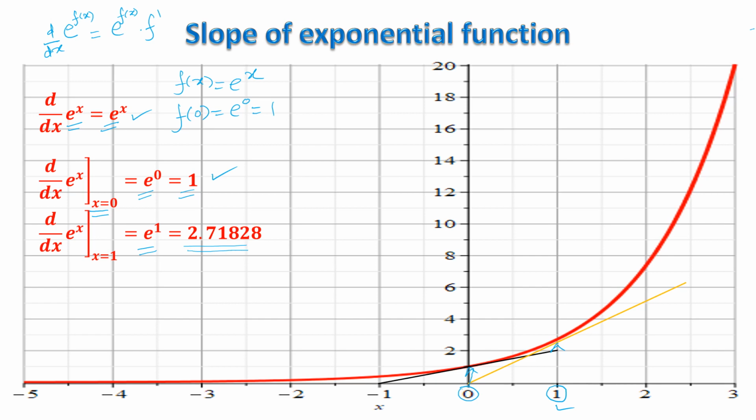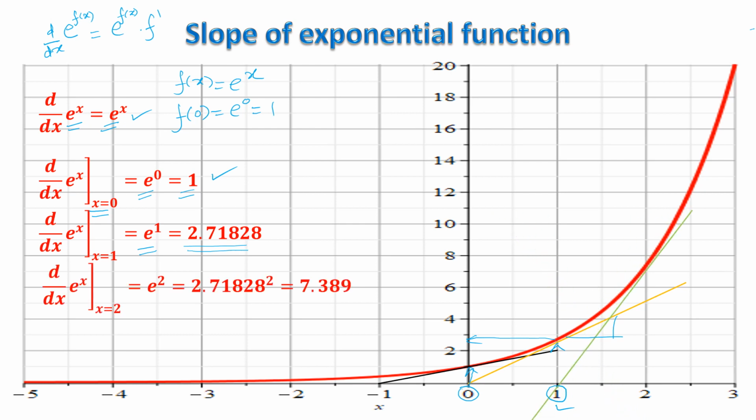So at x equal to 1 we have the value 2.718, and the slope of this line is also 2.718. So on and so forth, that will continue.